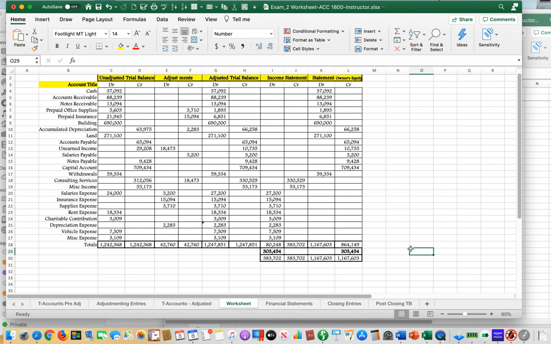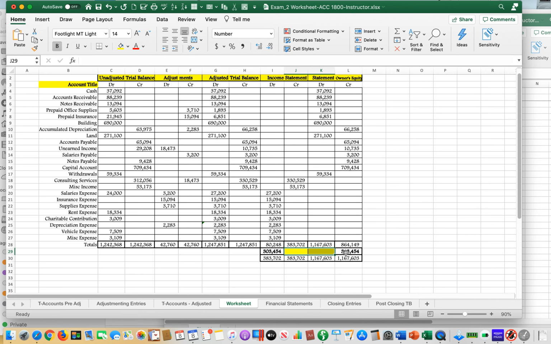Now, what this represents is net income. What if it's a net loss? What if it were a net loss? In other words, your expenses were greater than your revenue. Well, you see these two cells in the middle? Now, I colored them yellow right now. The losses would be in these two.